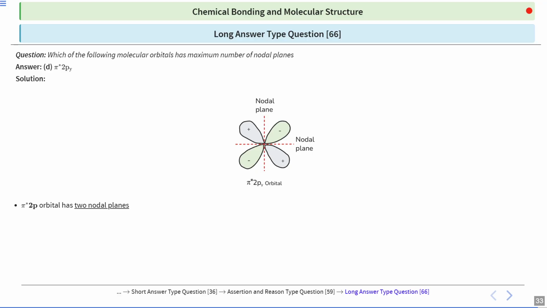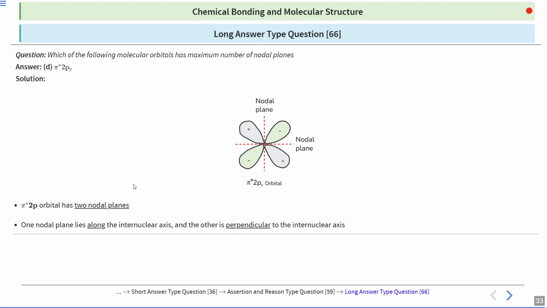The first nodal plane is perpendicular to the internuclear axis, and the second nodal plane is along the internuclear axis. Therefore, the correct answer will be D. I hope this is clear to you. We have already talked about how the electronic structure looks, and it is clearly mentioned there that it has two nodal planes.